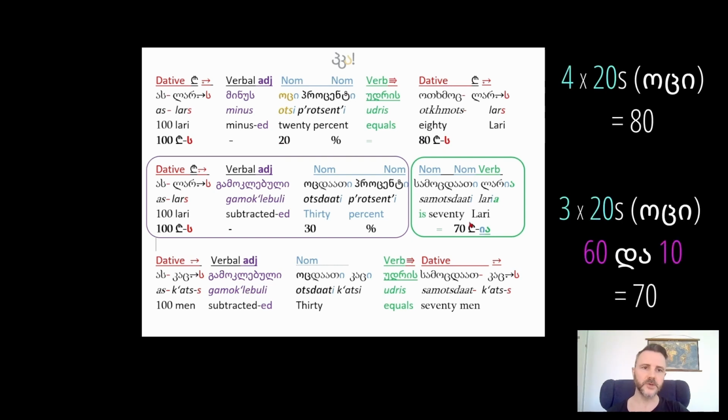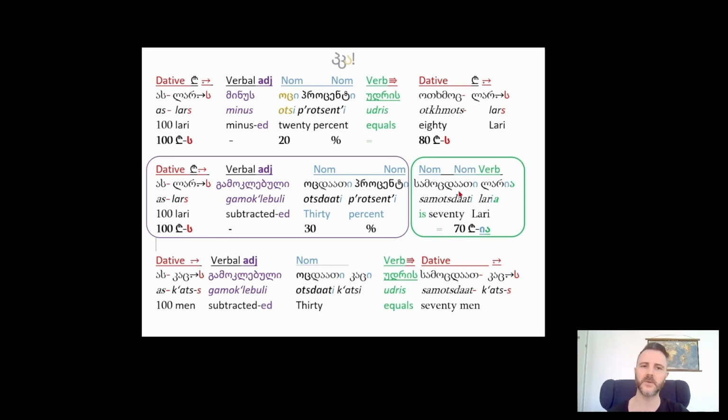Similarly, if we're going to use 70, which is going to be our second example, then it's going to be samotsi, which is 3 20s, da plus 10. Really, that's how it's constructed in Georgian. Remember that, so it's just a little reminder of what we've already studied, giving us then aslars minus.